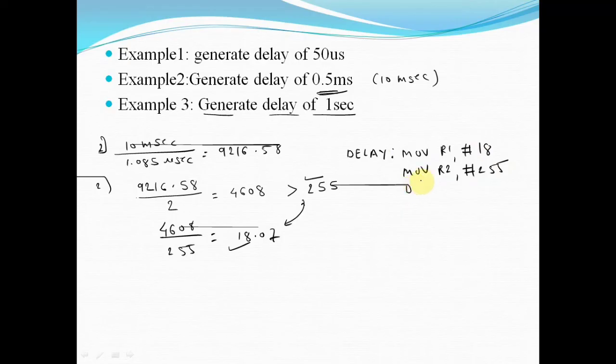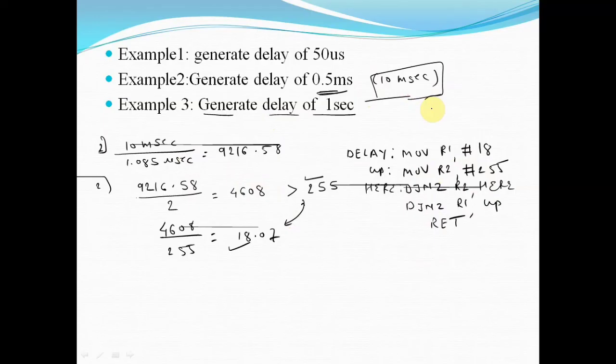Then first complete the inner loop, so DJNZ R2, here, and give the control over here. Then you decrement the outer loop counter, DJNZ R1, give some name, and give the control over here, and finally write the return instruction. With this, if you calculate the delay size with our previous method, you will find that you get a delay of 10 milliseconds.